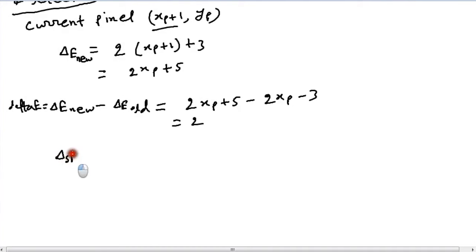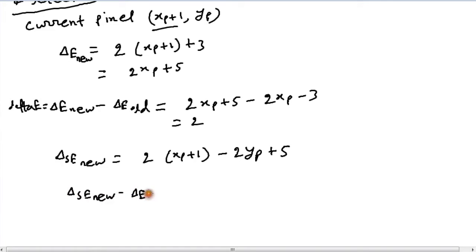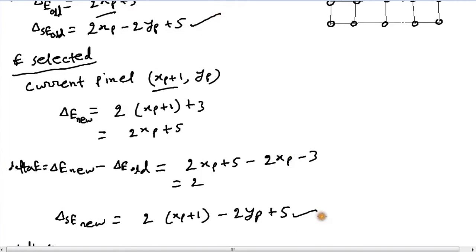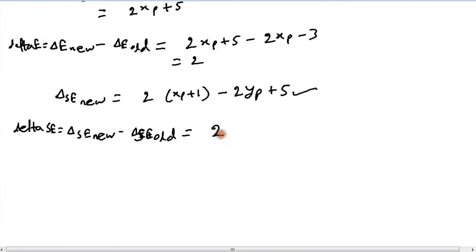Similarly, our del SE new would become twice XP plus 1 minus twice YP plus 5 if we chose the pixel E. So if you do the calculation, del SE new minus del SE old, let's call it delta SE, by subtracting this one from this one, you'll get once again 2.